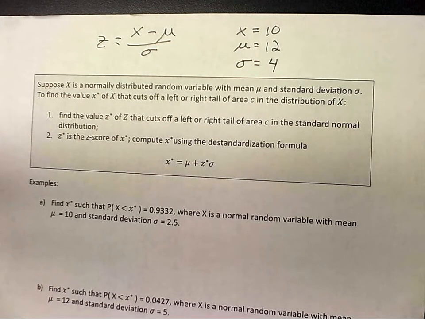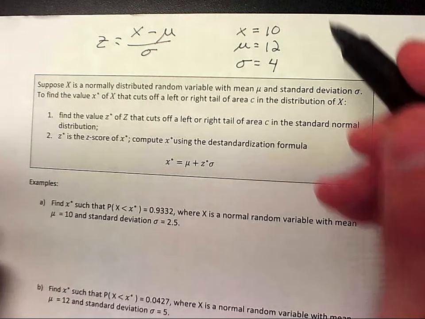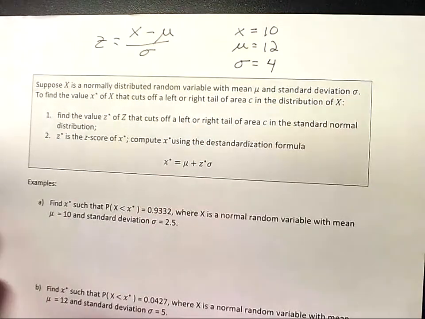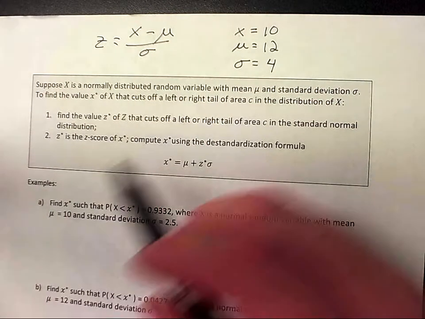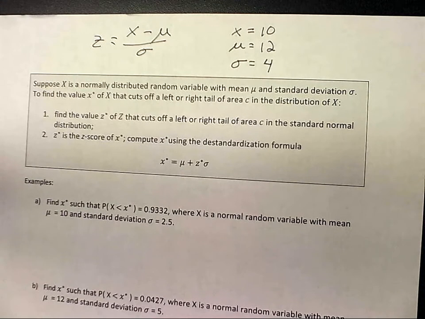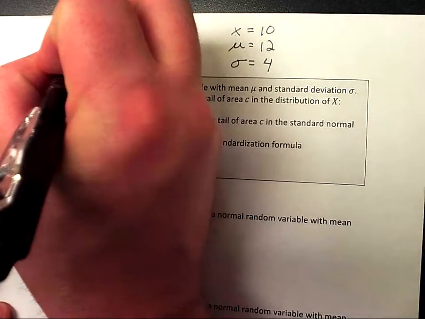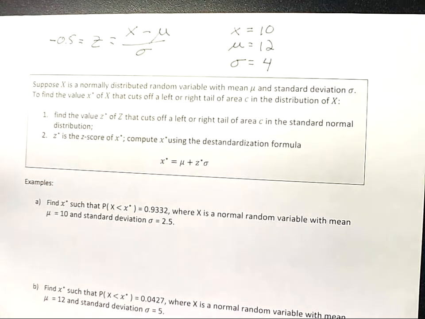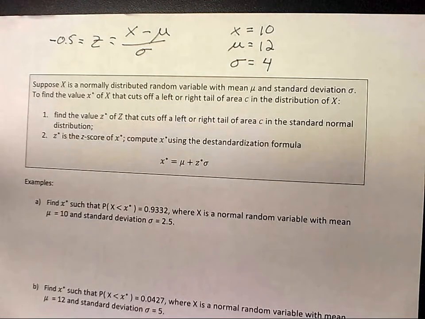Regardless of what these numbers are, if I told you to calculate the z value, you could do that. That would be just basic arithmetic. Let's just do it here real quick. If you take 10 minus 12, you end up with negative 2. Divided by 4, you get negative 1/2. So this would come out to negative 0.5. Everybody go with that?